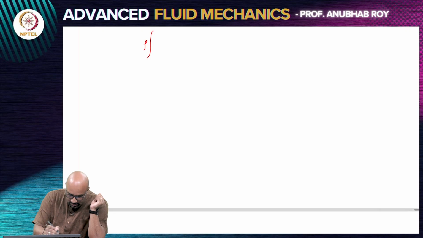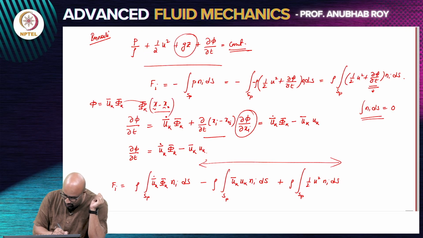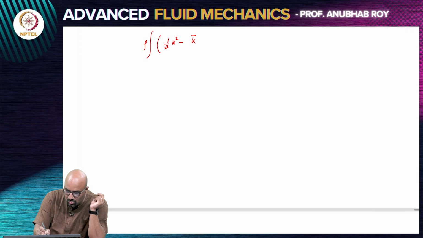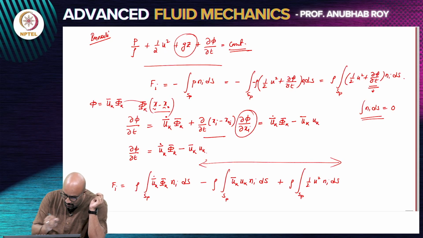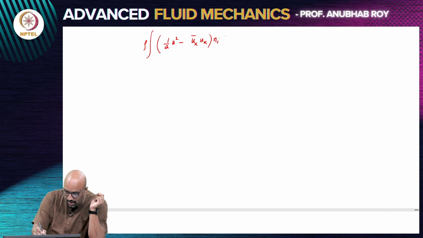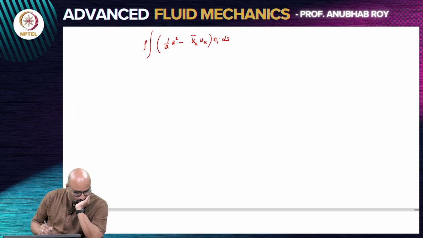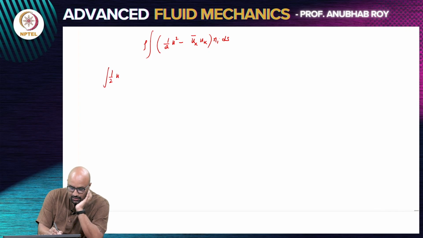When I take them in combination, I will have half u square minus u bar k small uk, Ni ds. So that is basically what I should have. So half u square Ni ds.